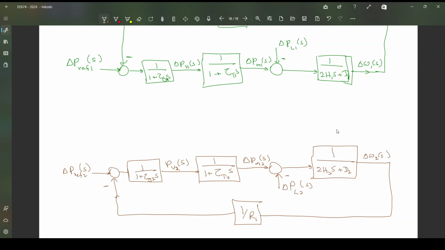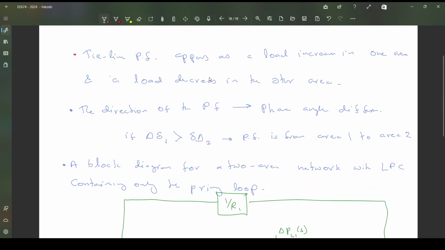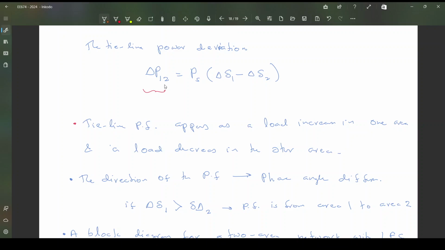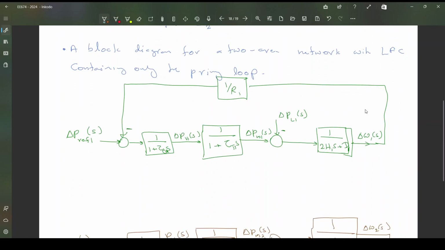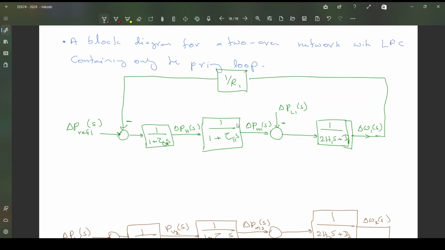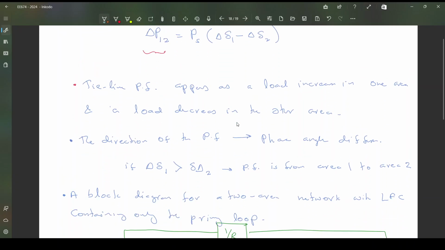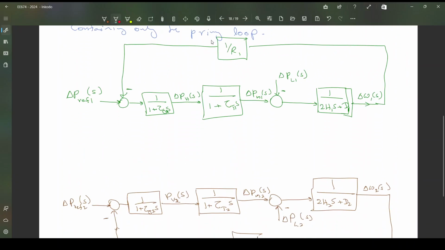Now they are connected through the tie line. You can see that the tie line power flow change will be based on the angle difference. The angle you can calculate from here, since the change in speed is represented as the change in angle. So you have to take the difference, delta 1 minus delta 2, so this would be plus and this would be minus.